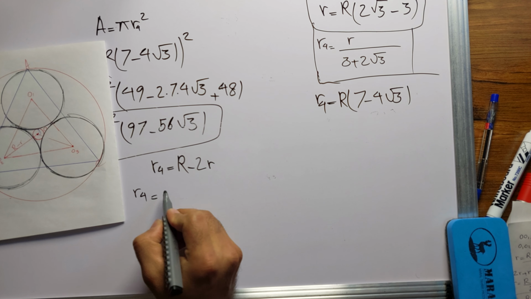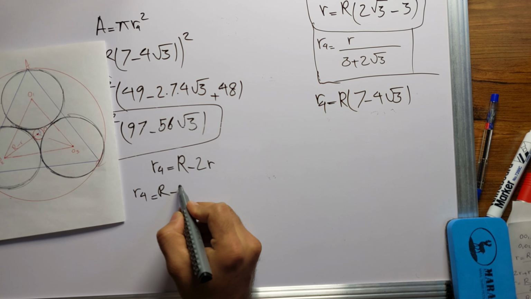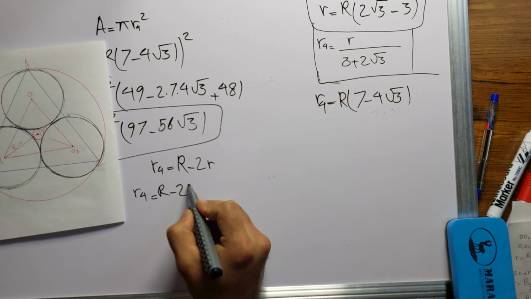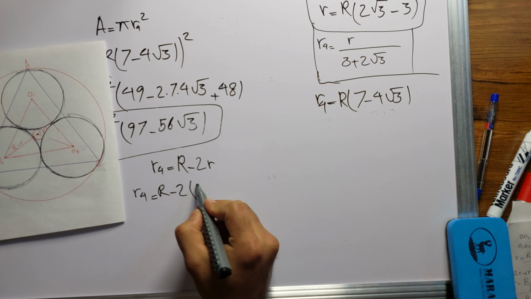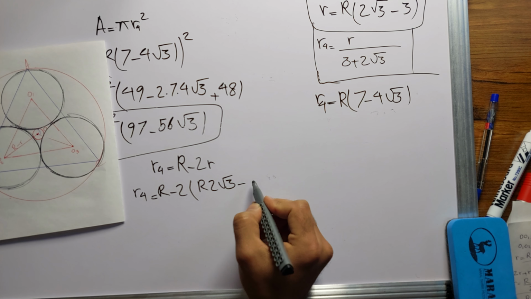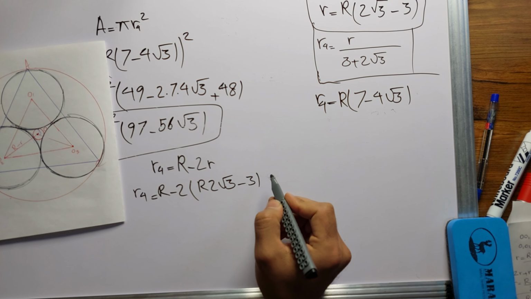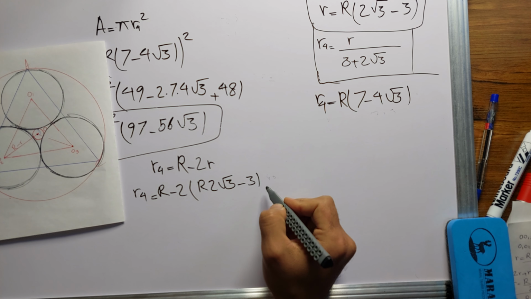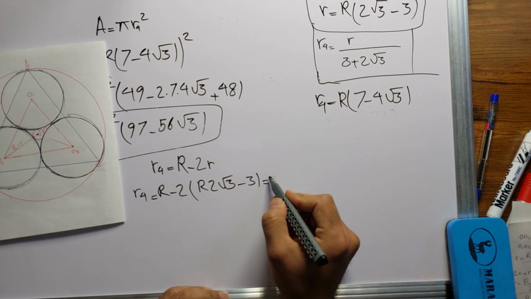R4 equals R minus 2r, which is R minus 2 times r(2 square root of 3 minus 3). So let's expand this term now.